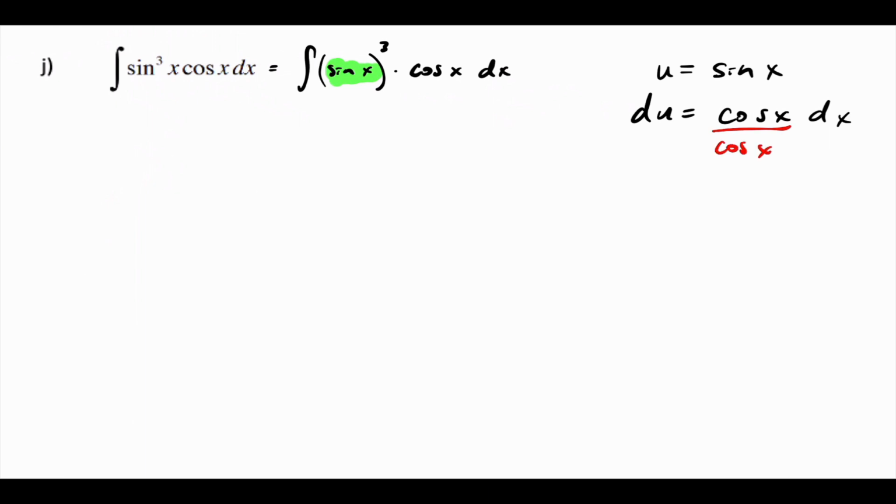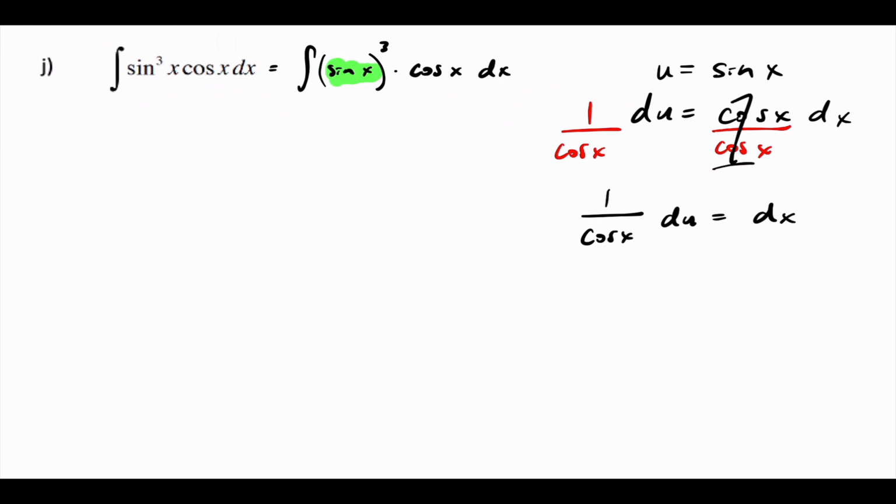So divide by cosine of x, 1 over cosine of x. I know 1 over cosine of x is secant, but I'm not going to change it. I'm just going to leave it like that.